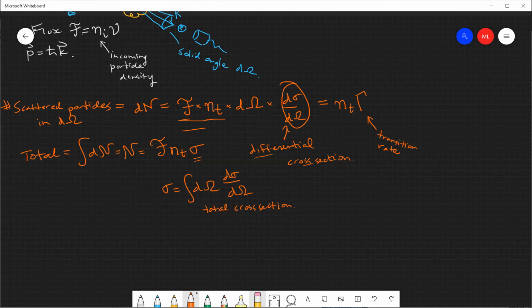And so if this is the overall transition rate, then the amount of that overall rate that goes into a particular solid angle d omega must be given by the ratio of d omega over 4 pi, where 4 pi is the total solid angle.